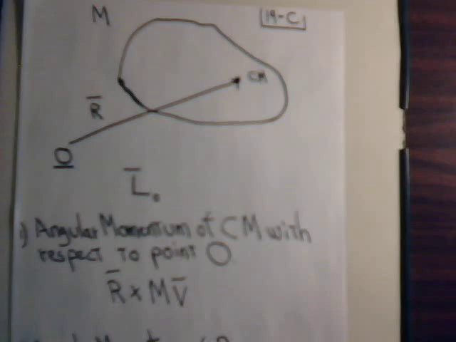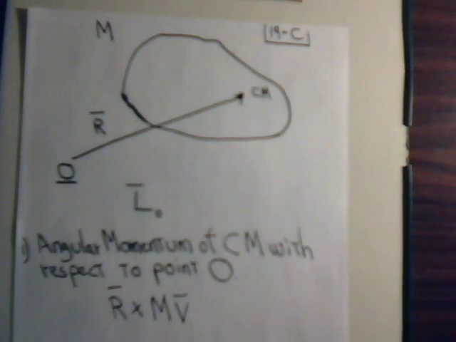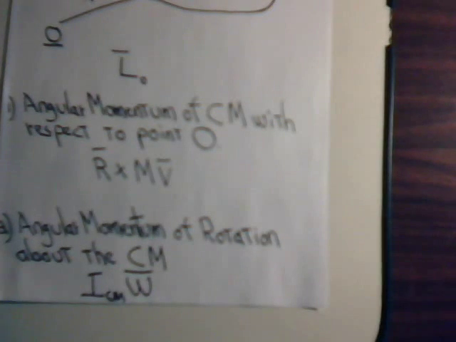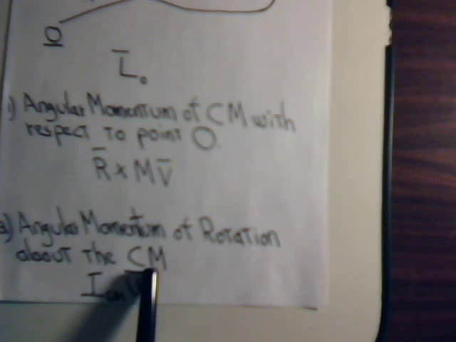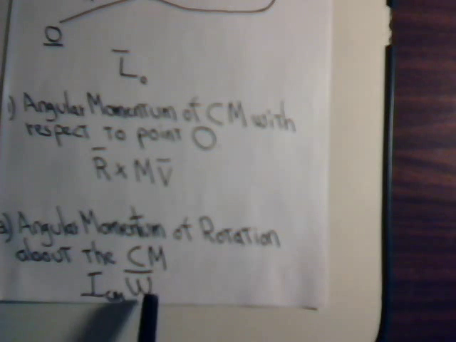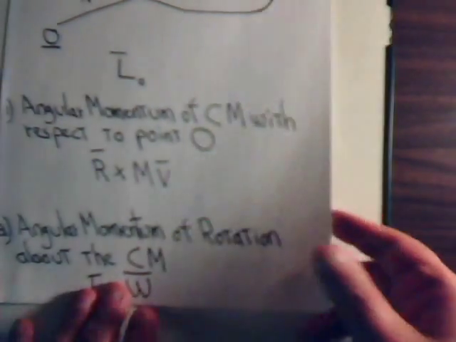The second component of the angular momentum of this object is the angular momentum of rotation about the center of mass, and that's equal to the moment of inertia about the center of mass times the angular velocity of the object.